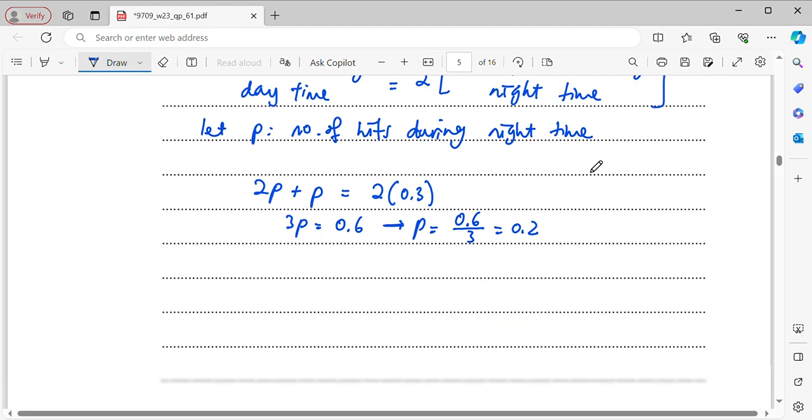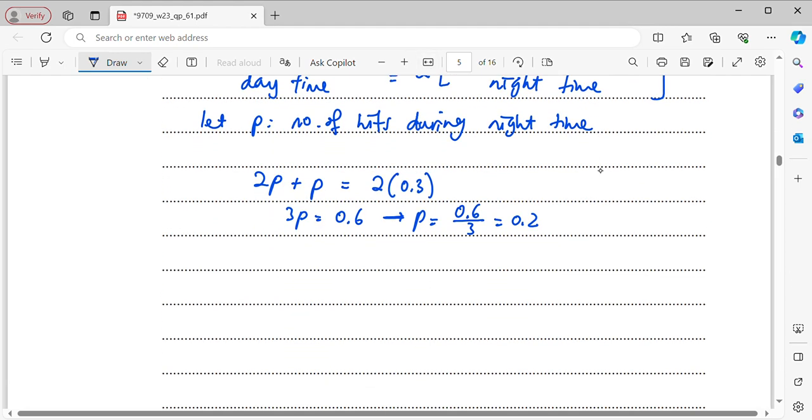Okay, so therefore, the number of hits during night time, let's say N, will be Poisson distributed with 0.2 hits per minute.